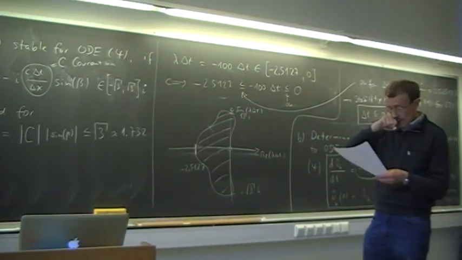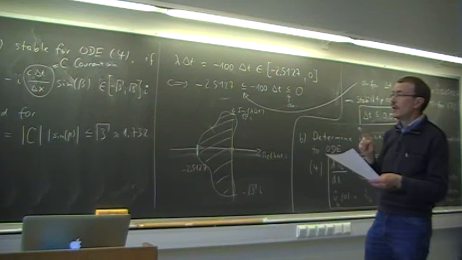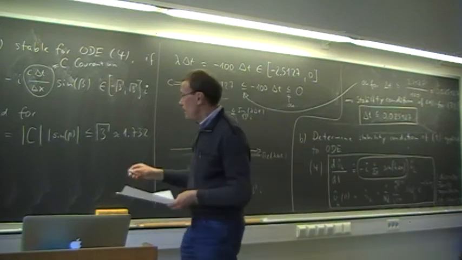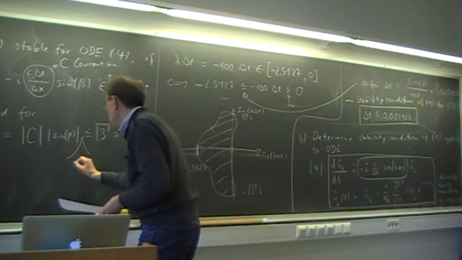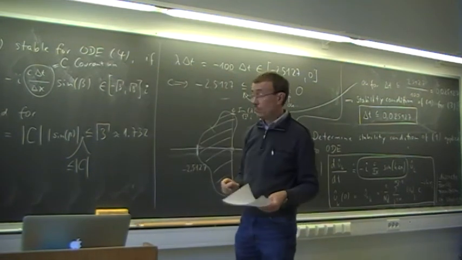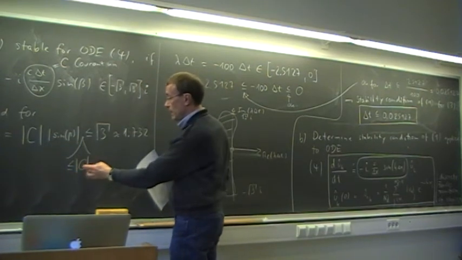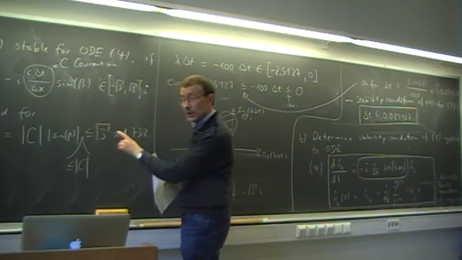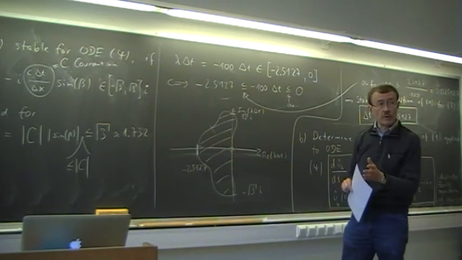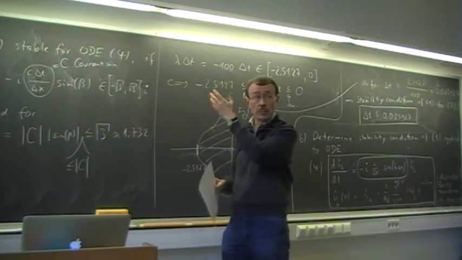But we are not yet fully ready for that, because the trick that we usually play here is that if we make this estimate, that is true, the absolute value of the sine of theta is always smaller equal than 1, so we then get this as our stability condition. So if the absolute value of the Courant number is smaller equal to square root of 3, then this is satisfied, and then we are in the stability domain.